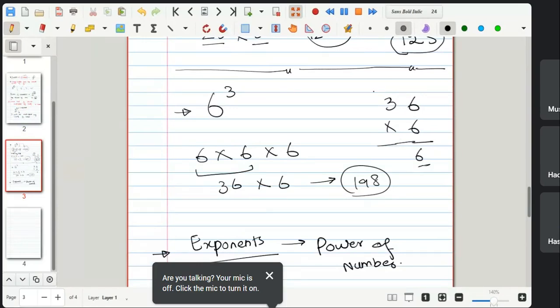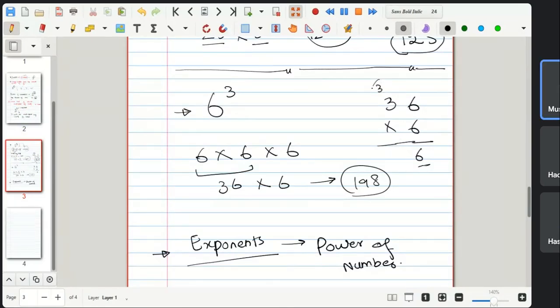The 3 of the 36 will be moved to this place, and now 6 multiplied by 3 is 18, and 18 plus 3 is 21. So we will get the answer 216.